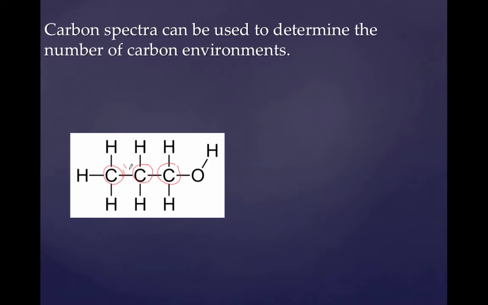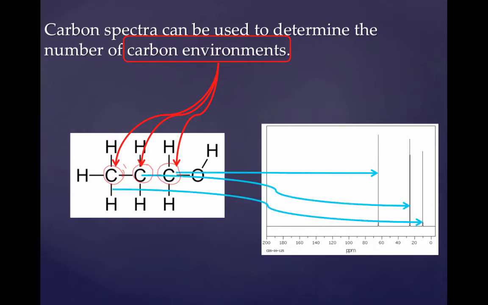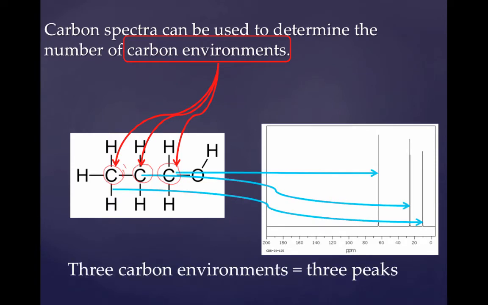This carbon here is bonded to 3 hydrogen, CH2, CH2OH. So they're 3 different environments. On the spectrum, therefore, you would expect to see 3 peaks, each representing the different environments. Again, note that the peak for the carbon-oxygen is upfield to the other peaks.